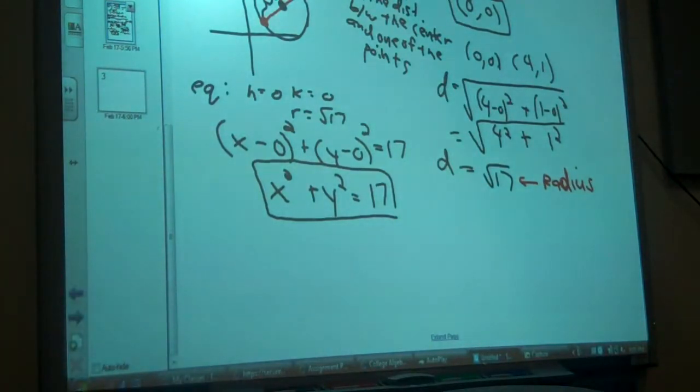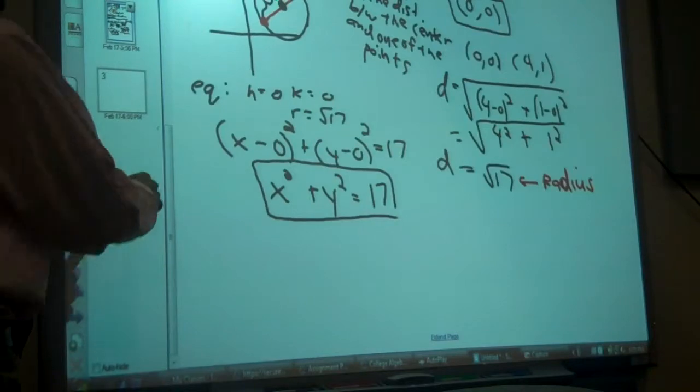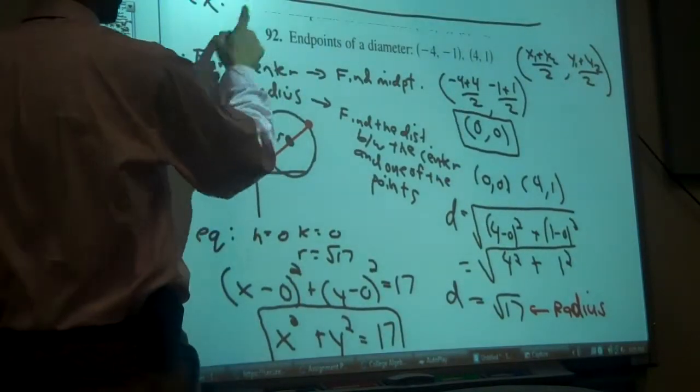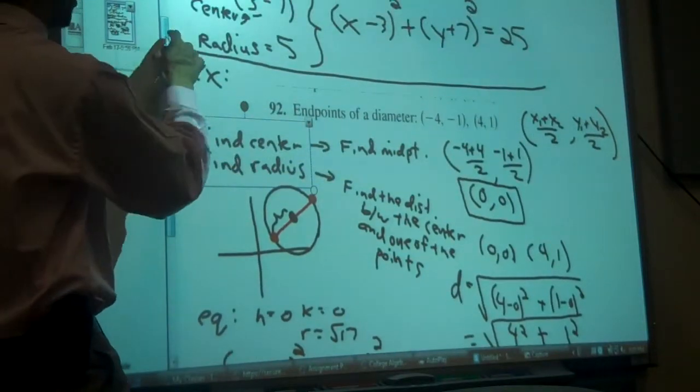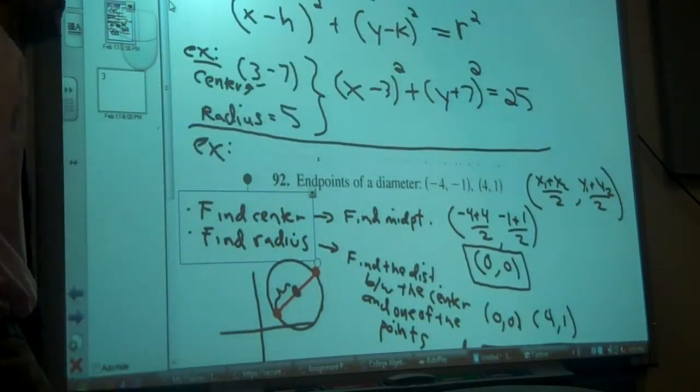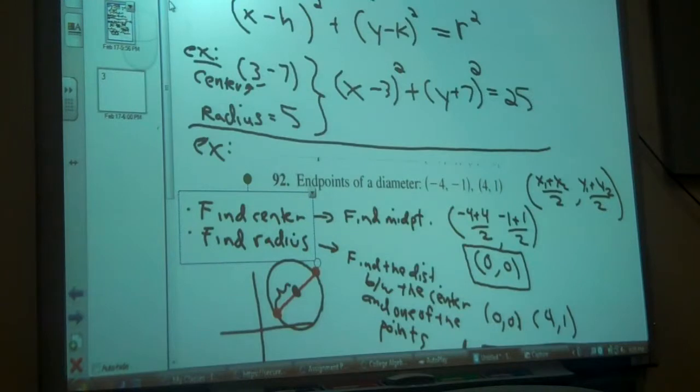What equation is that? The h equals 0, k equals 0? These are my individual guys I'm going to plug into that, H, K, and R. Yep.